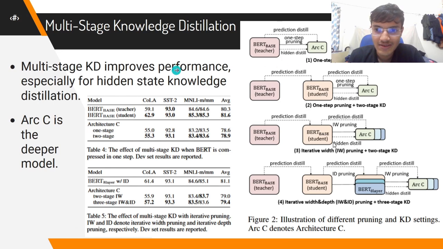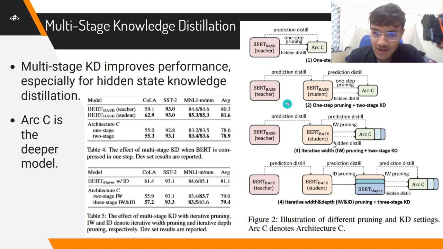Then we do knowledge distillation, that is, forcing the distilled model to give predictions like the teacher model, using the loss function which Shayan discussed earlier.